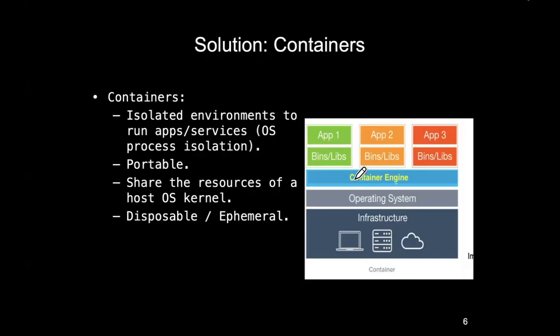And then once you have this container engine software installed on the hardware, you can run multiple containers, as these are now referred to, as opposed to virtual machines. But as I've already said, each container is physically much smaller than its virtual machine equivalent.